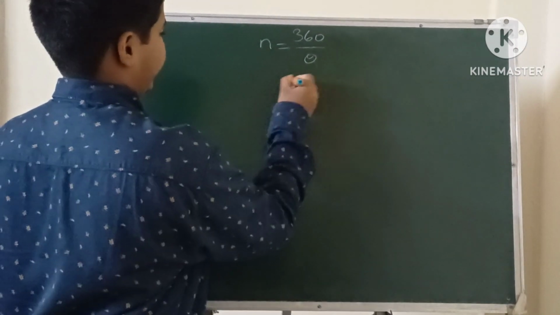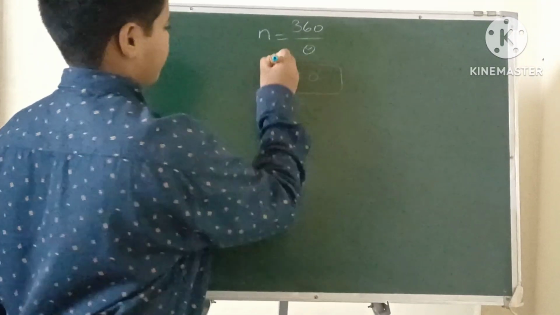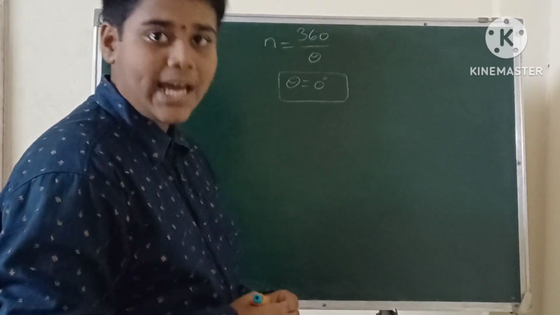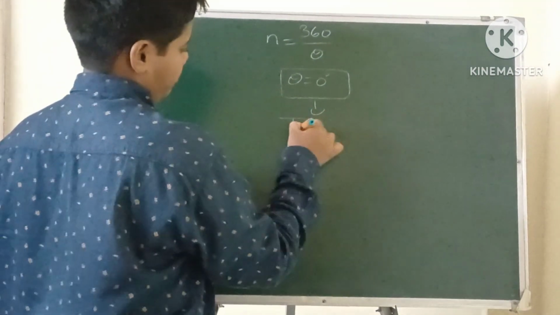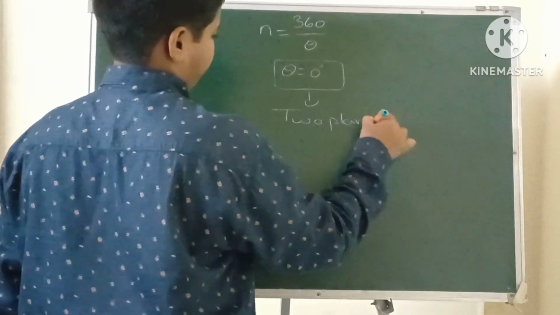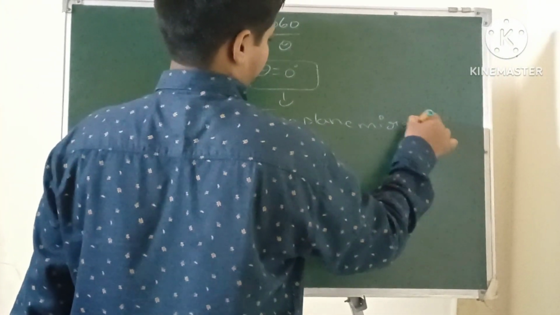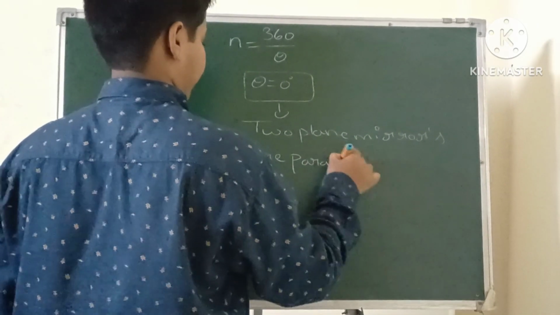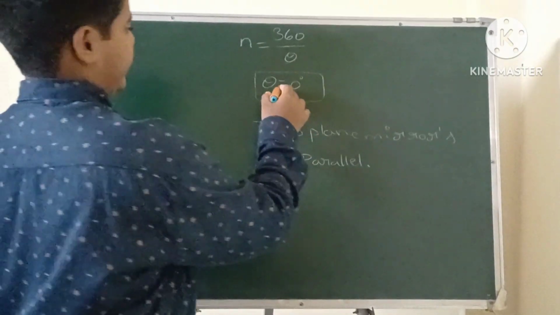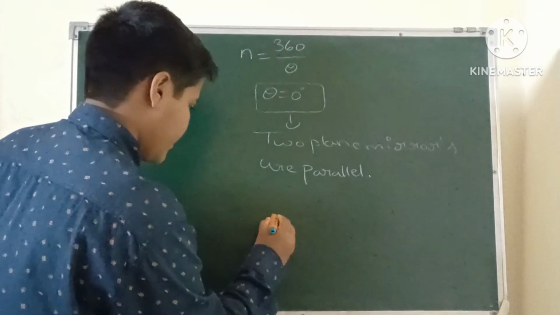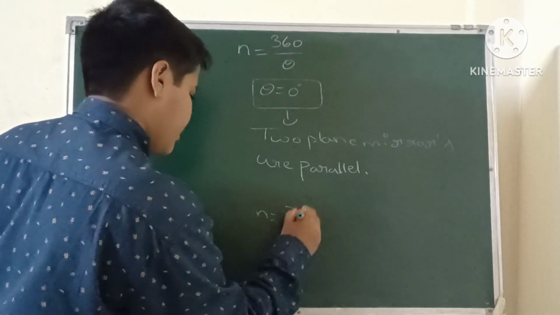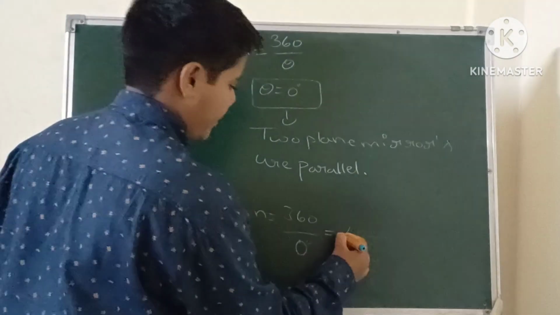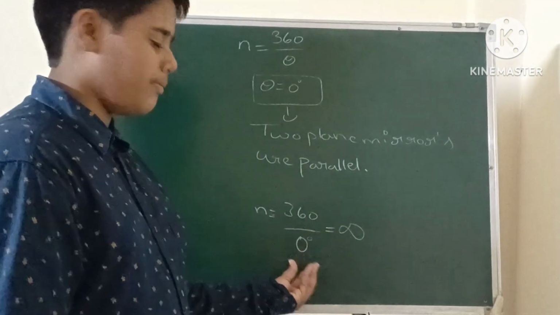When theta is equal to 0 degrees, which means two plane mirrors are parallel, then n is equal to 360 by 0 degrees. 360 by 0 means infinity.